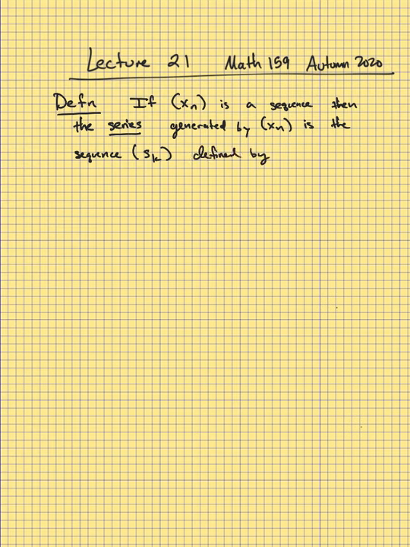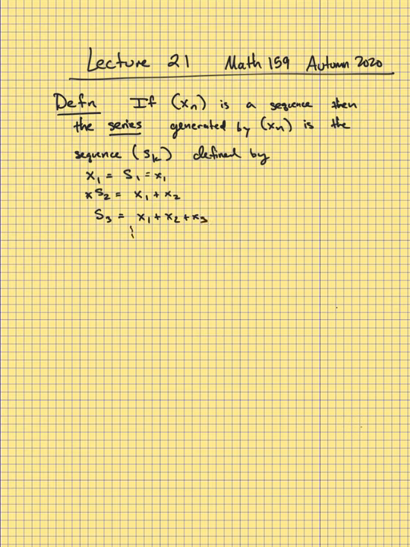Well, the first term is the same. The second term is the sum of the first two. The third one is the sum of the first three.